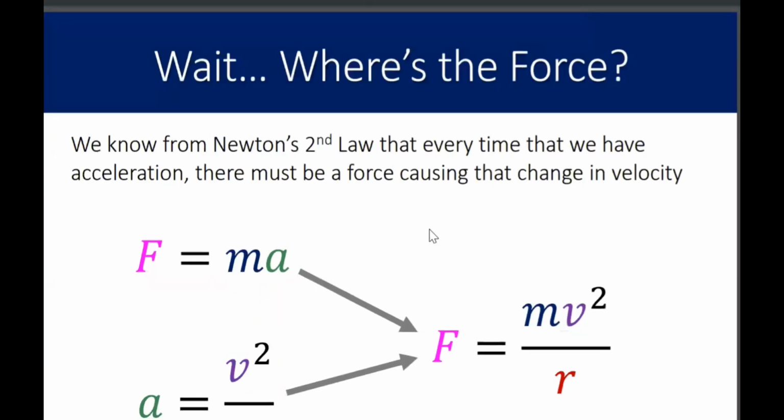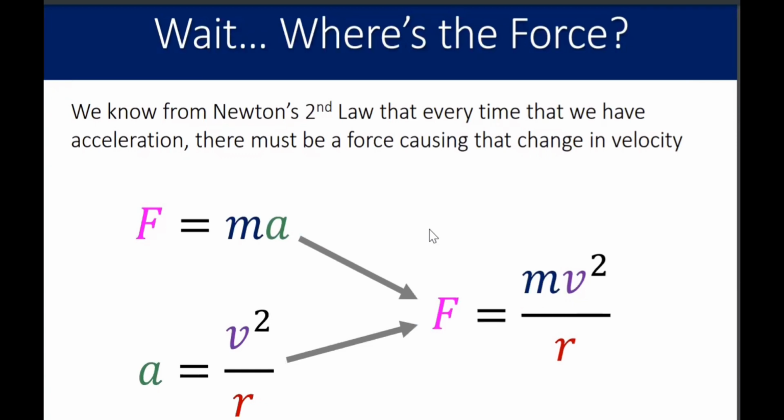It's the resultant force that keeps the object going in a circle. We find this force by multiplying the mass times the linear velocity squared divided by the radius of the circle. What this tells us is that the centripetal force is dependent on the mass of the object going in a circle, the speed the object is going at, as well as the radius that the circle has.